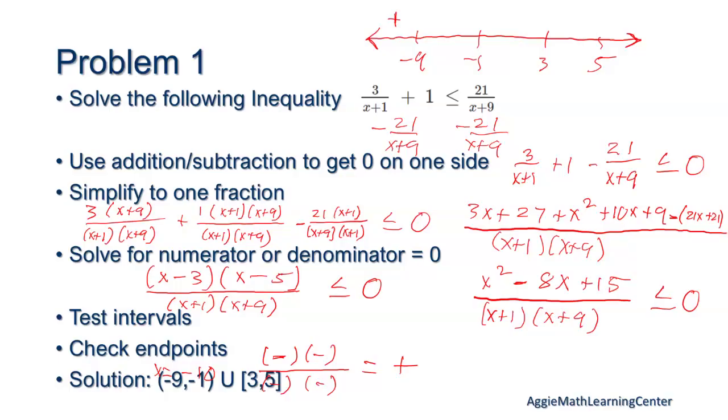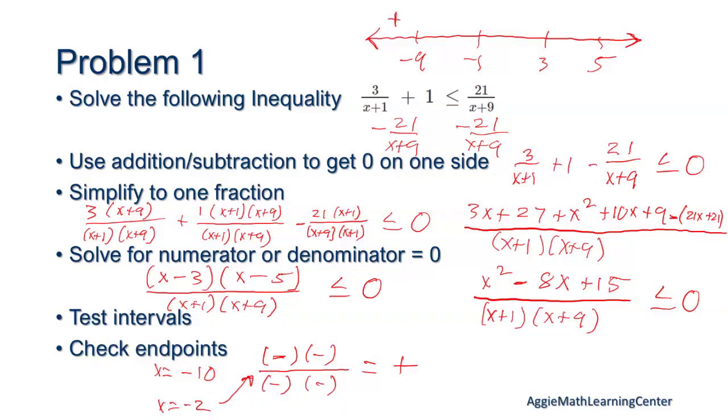Positive. Okay, and then you do the same for each of the sections. And so if we go in between a negative 9 and negative 1, we could plug in something like an x equals negative 2. And in that case, if we just plug that into here, you get that the negative 2 minus 3 is negative 5, so that's still negative.